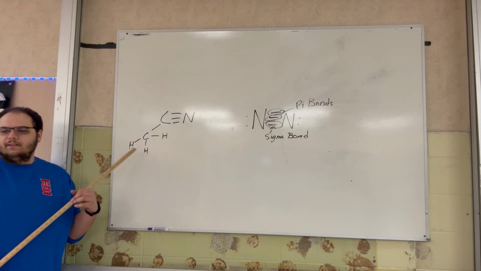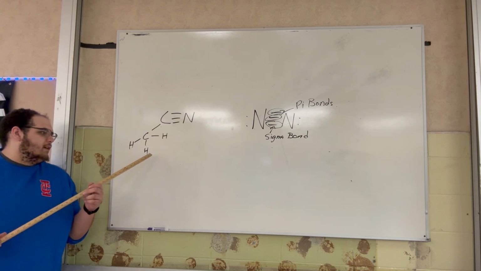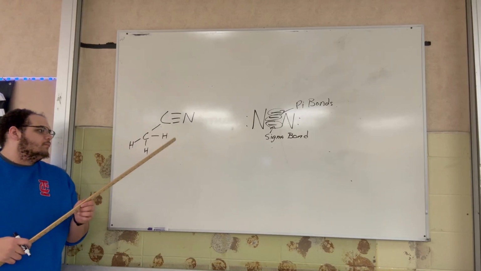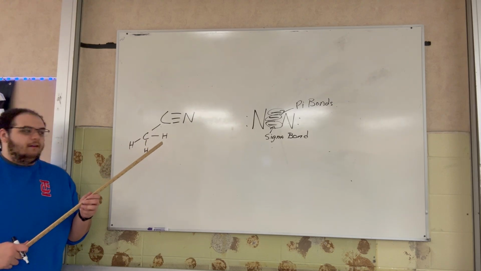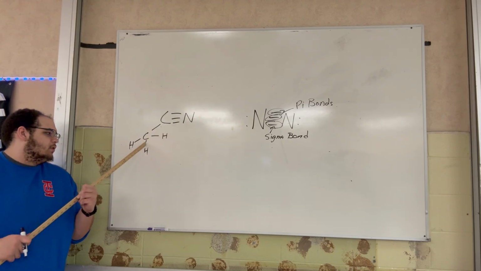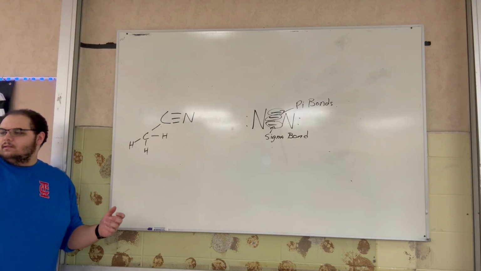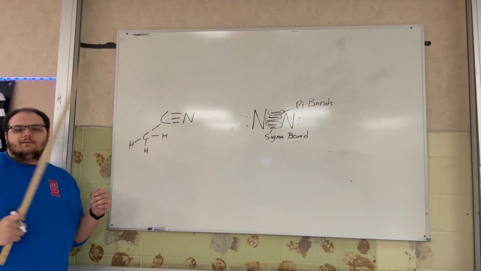How many sigma bonds are there in this whole guy? I count 5. Watch. 1, 2, 3, 4. All single bonds are always sigma bonds, and then the first bond in a triple bond. Does everybody see where I got 5?